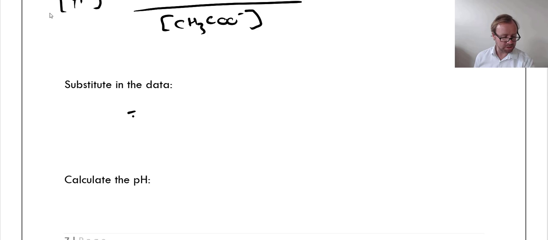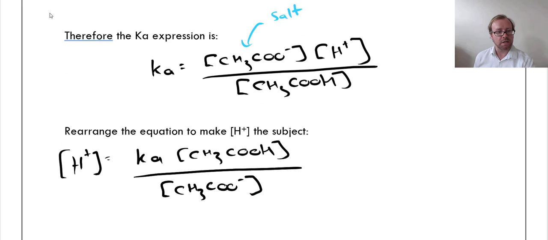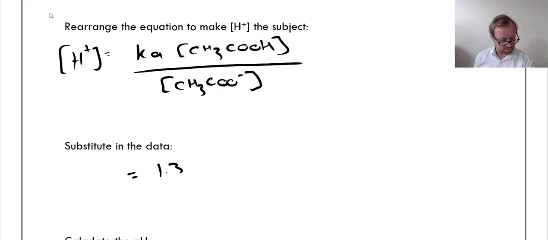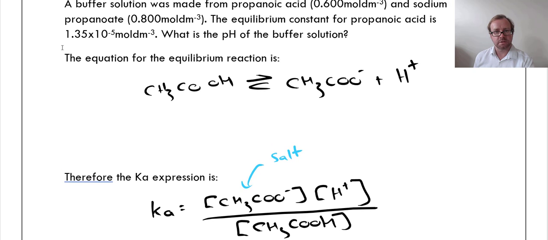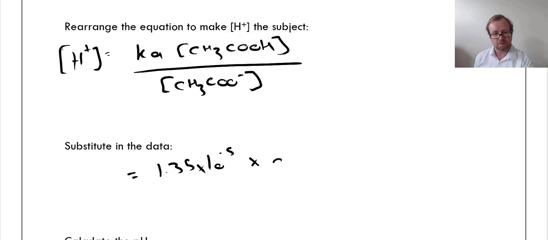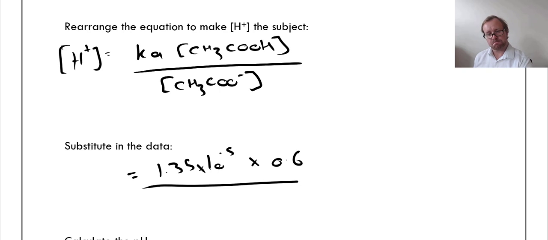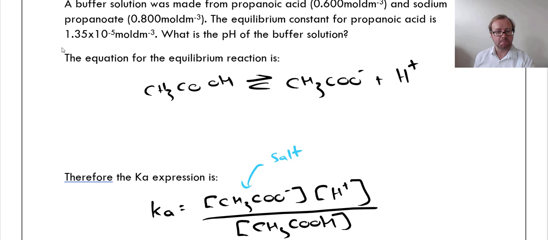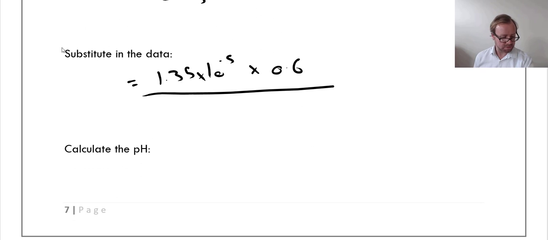And now I can substitute in the data. So Ka was 1.35 times 10 to the minus 5. My acid concentration was 0.6 over my salt, which was 0.8, which gives me a value of 1.01 times 10 to the minus 5.